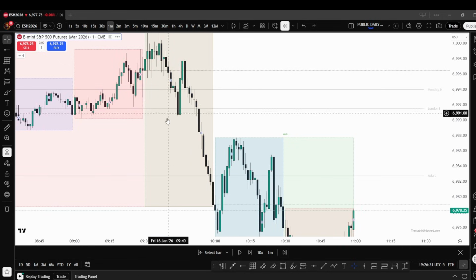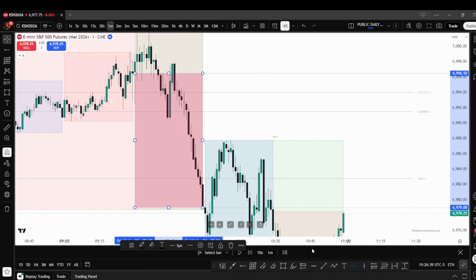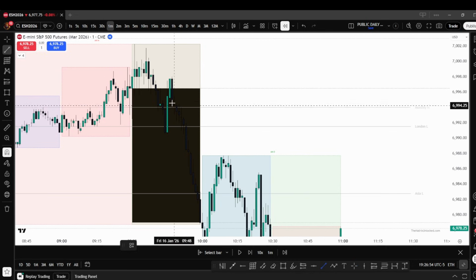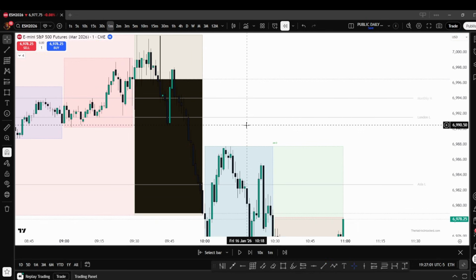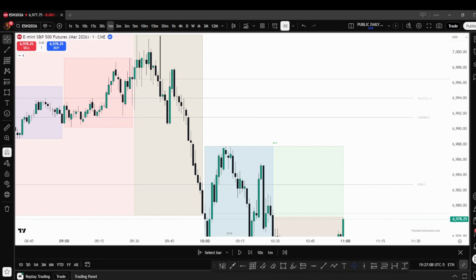Okay, if you're finding it hard to visualize this candle, basically this is what it would look like right here, and that would be the wick of the candle. Let me show you, if I was to just draw that here, that would be essentially what the candle looks like. Okay, so now you know how I visualize that candle.